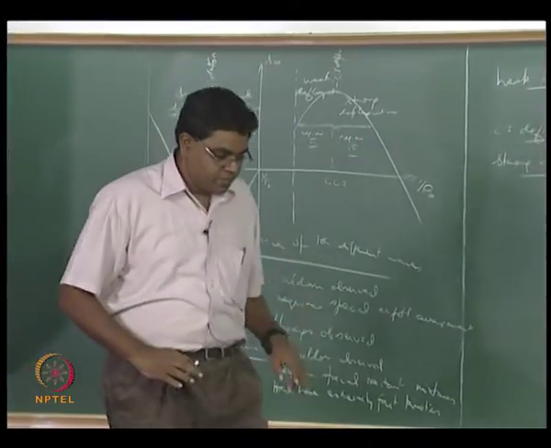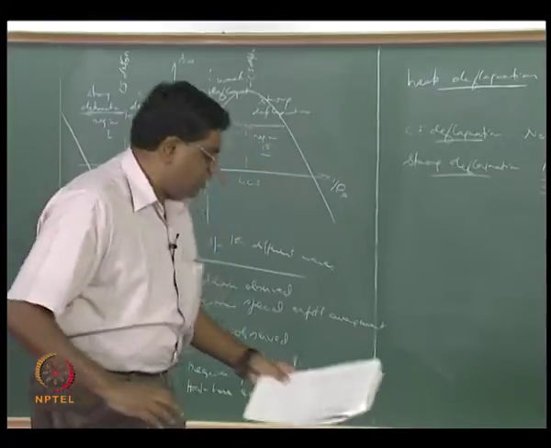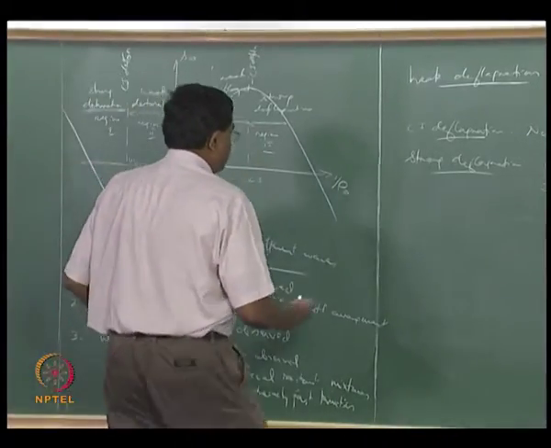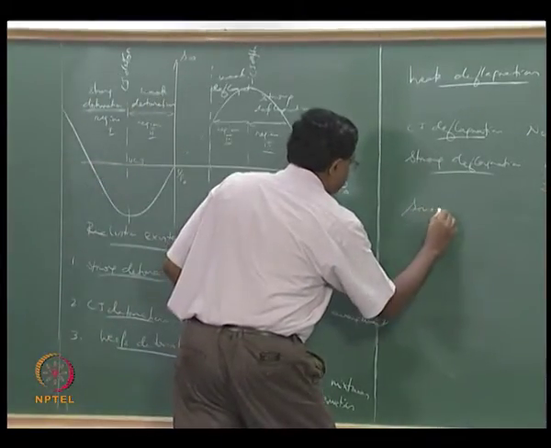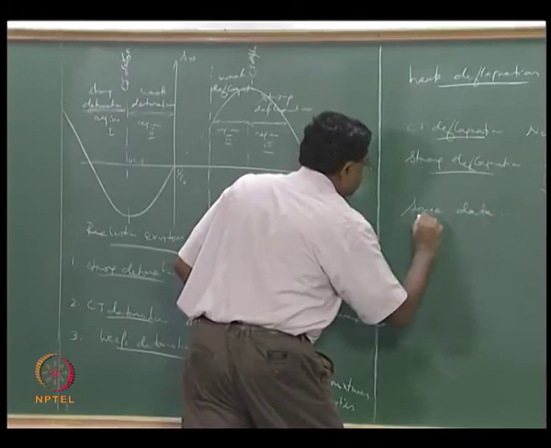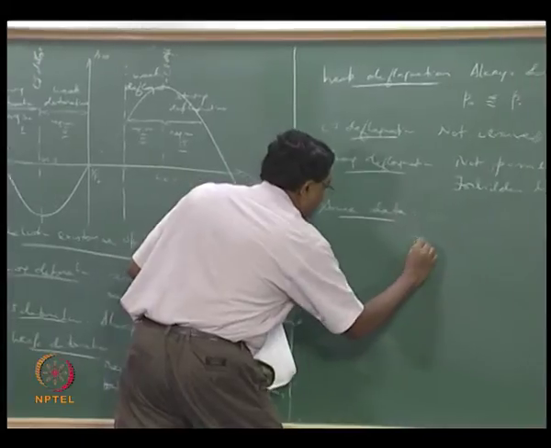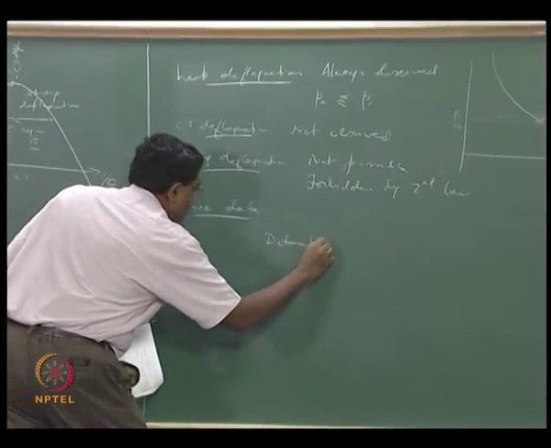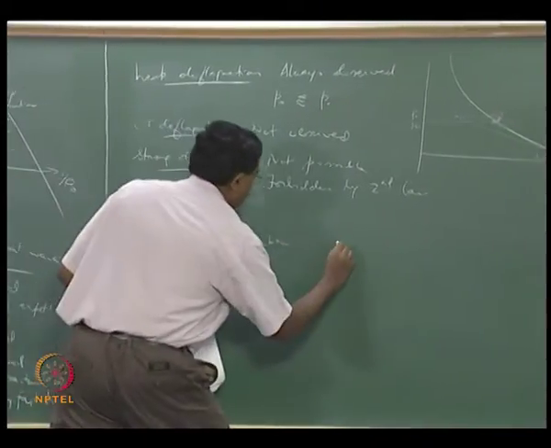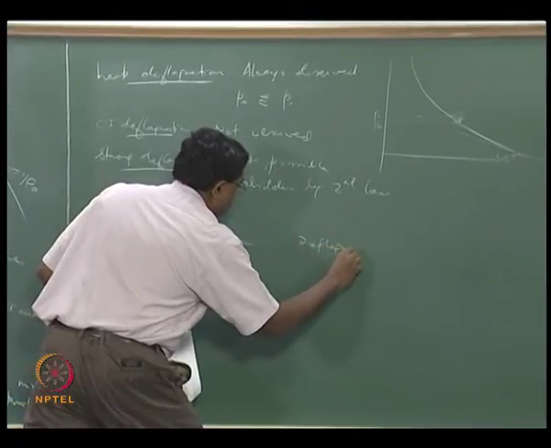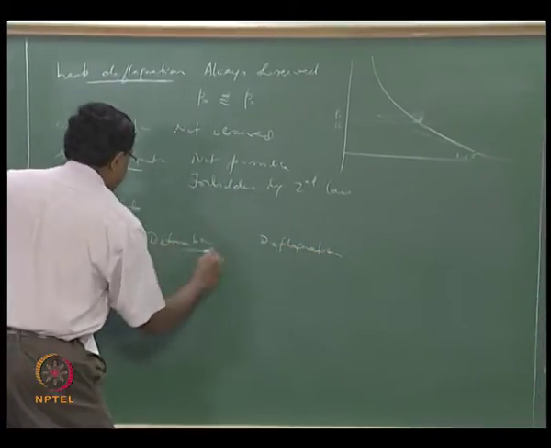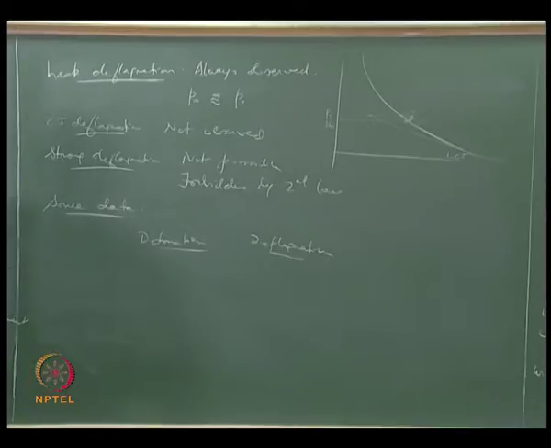So let us finally give some numbers on what these changes are like. If you now look at detonation on the one hand, deflagration on the other hand, what are our M naughts? It is of the order of about 5 to 10.